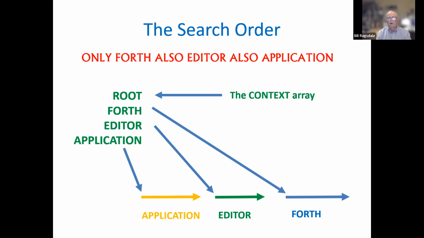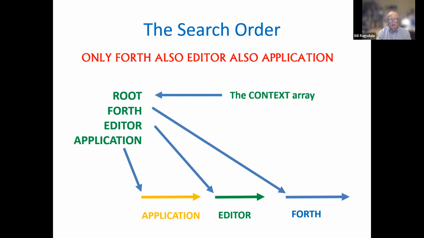So this is the search order that we'd see in a current system. The input declaration is only 4th, also editor, also application. The green pointer from context array points to a memory array area. And reading from the bottom up, the search order is now application because it's the last name, then editor, then 4th, and then root.